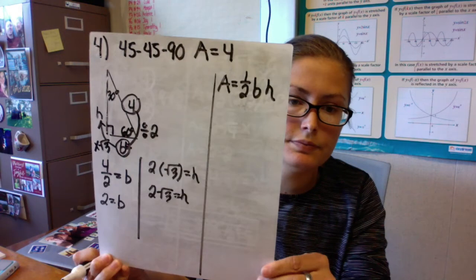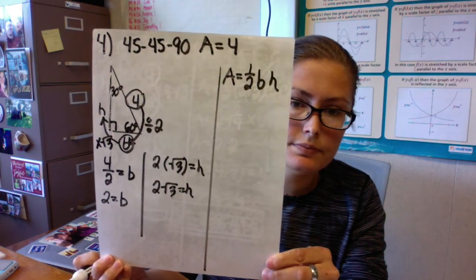Now we need to find our area. So again, our area is equal to 1/2 base times height. So our area is going to equal 1/2 times 2 times 2 radical 3.